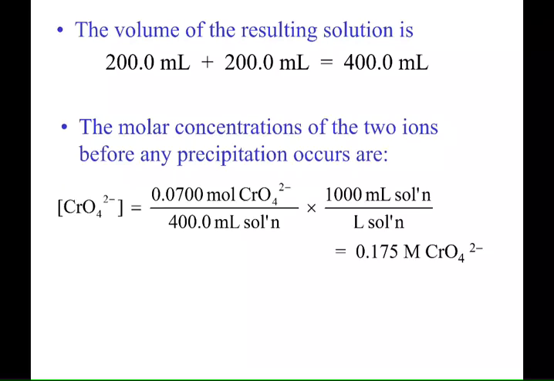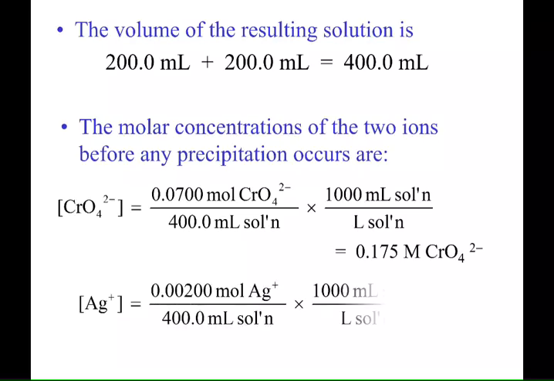And we do a similar thing. This just feels like Gen Chem 1 again. Now we do a similar thing to get the molar concentration of your silver ion. We take the moles, which was 0.00200 moles of silver. We divide by the volume, 400.0 milliliters. To get it into moles per liter, we introduce 1,000 milliliters over 1 liter, rounded to 3 sig figs.